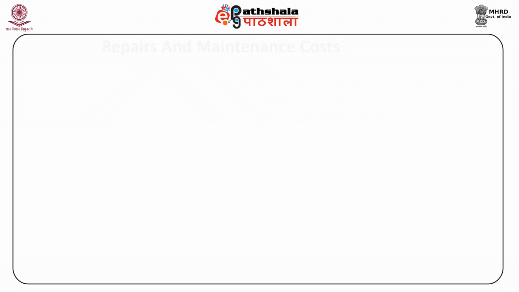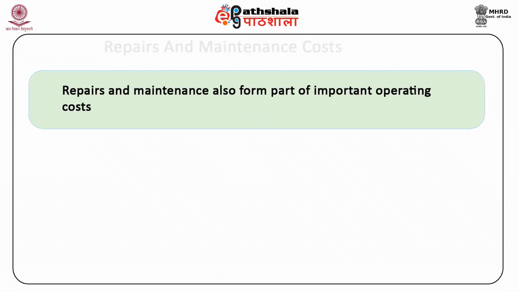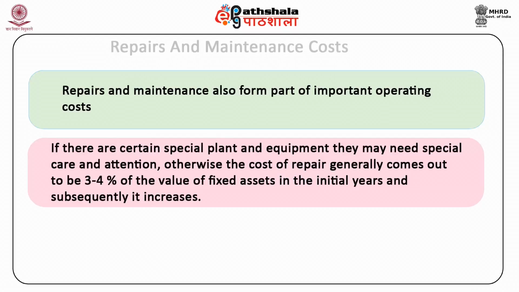Repairs and maintenance cost. Repairs and maintenance also form part of important operating cost. If there are certain special plant and equipment, they may need special care and attention. Otherwise, the cost of repair generally comes out to be 3 to 4% of the value of fixed assets in the initial years, and subsequently it increases.